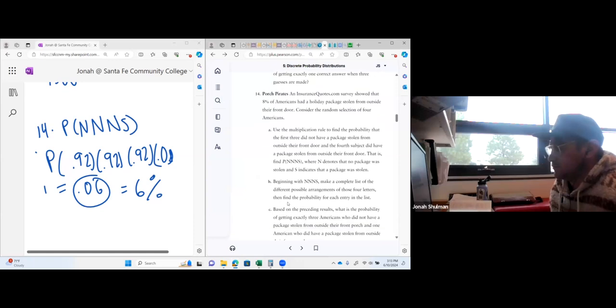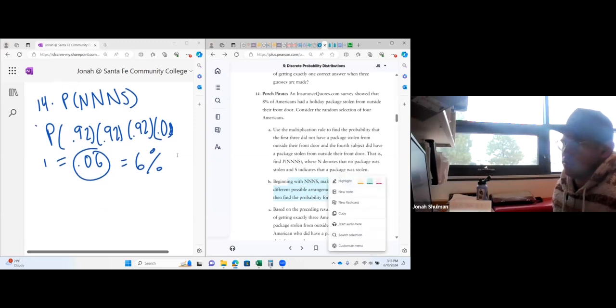Beginning with this, make a complete list of the possible different arrangements of those four letters, and then find the probability for each entry in the list. Let's see if it's different.